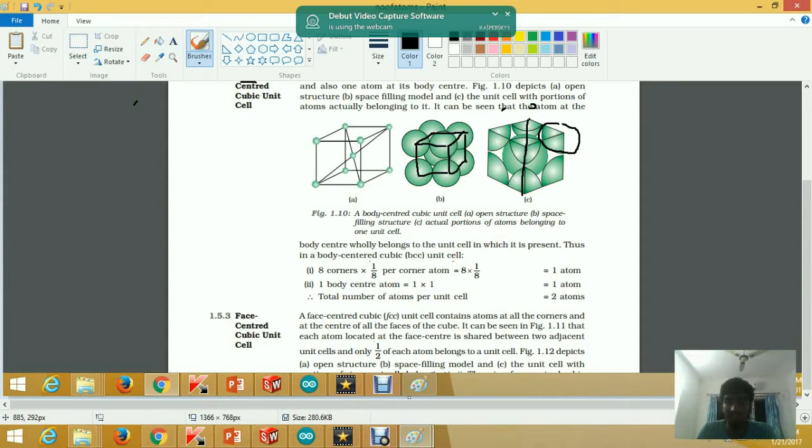Let's imagine this. The first step is to travel r distance from this corner of the sphere, and now to pass this particular sphere I have to travel 2r.